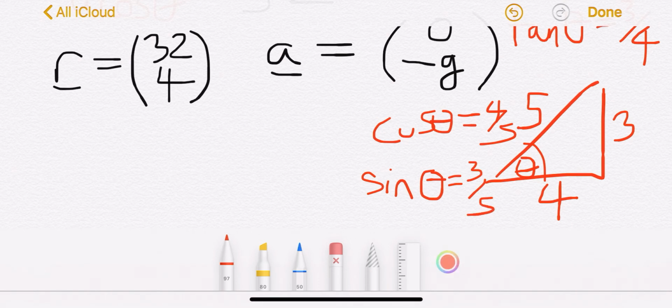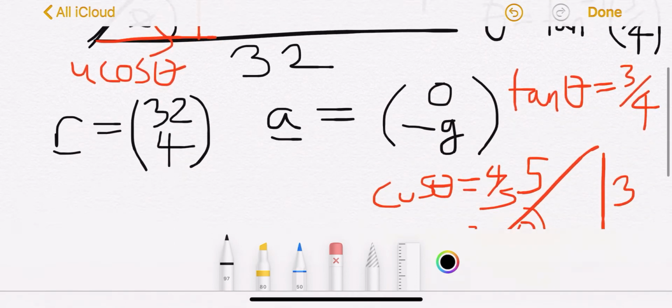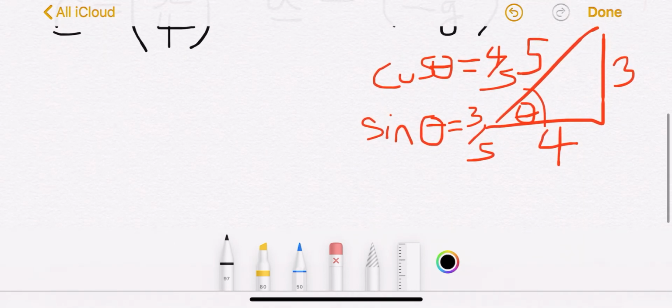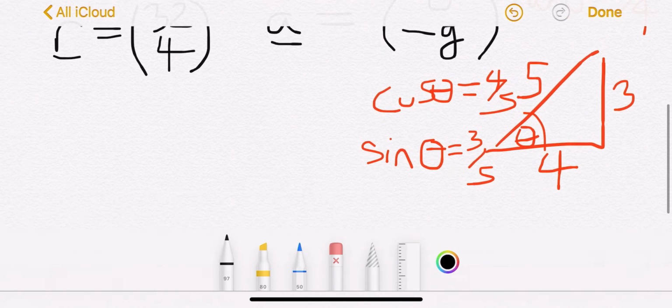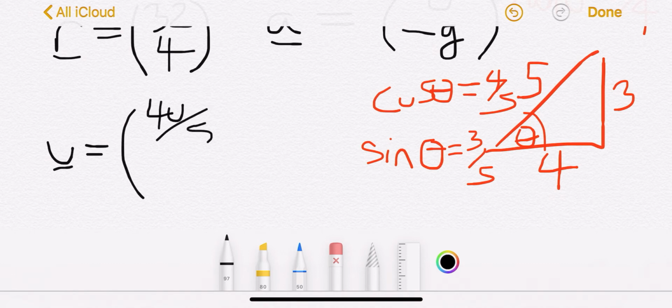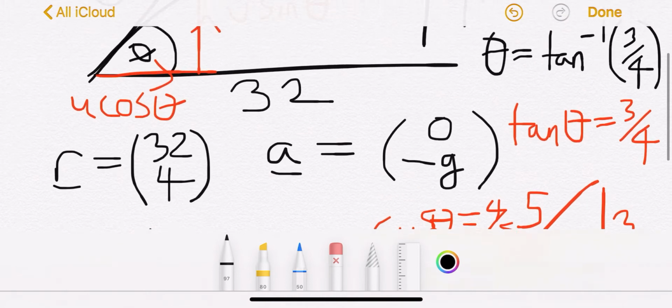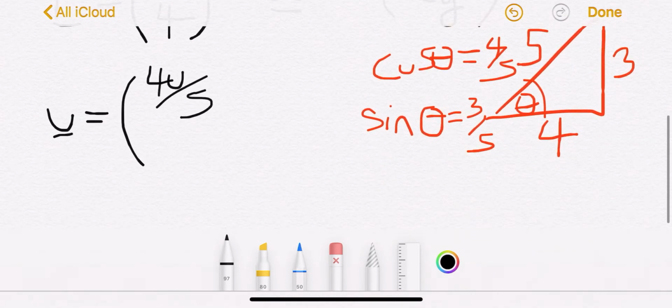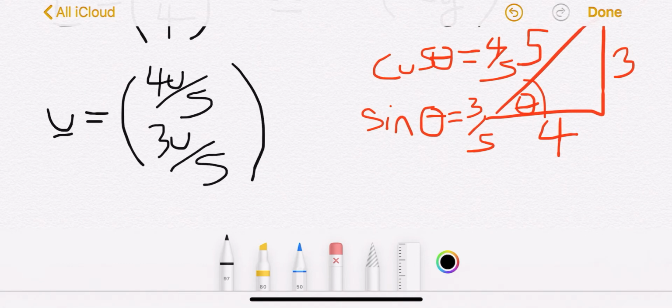Okay, so that helps us a bit with finding the initial velocity. The initial velocity is u cos theta, which is just u times 4/5, so 4u/5, and then u sine theta, which is u times 3/5, so 3u/5.